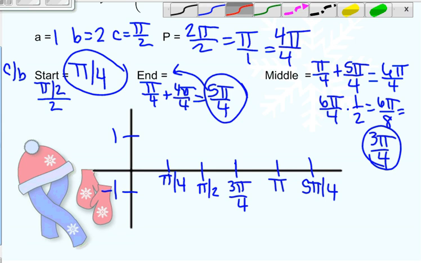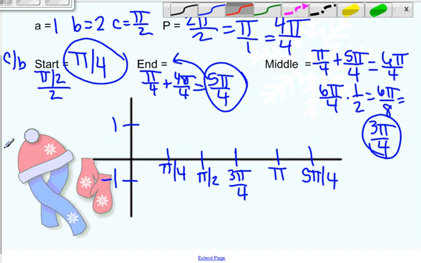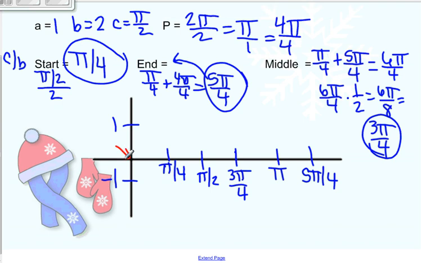Our function was sine, and sine starts at 0. So instead of starting at my axis, where I normally start, I'm starting at my starting point. So I'm starting at 0, and then sine goes up to positive 1, back down to 0, down to negative 1, and back up to 0.